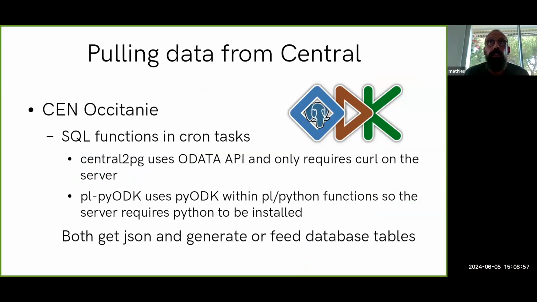We developed during the lockdown 2 sets of functions that use the OData API to get the data into our database. The first one only requires curl to run on the server, and the second one needs Python because it uses pyODK.